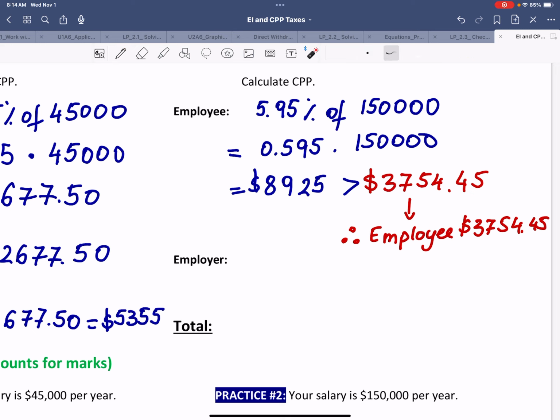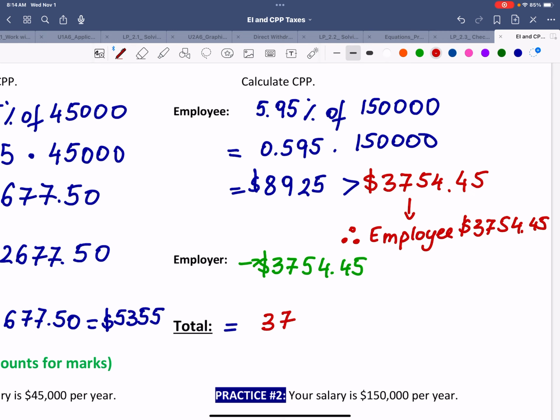Now, because the employer pays the same amount and maxes out at the same amount, we're going to say that the employer will also pay the maximum, $3,754.45, and the total will be whatever is paid by the employee plus whatever is paid by the employer, or you can just double one or the other.